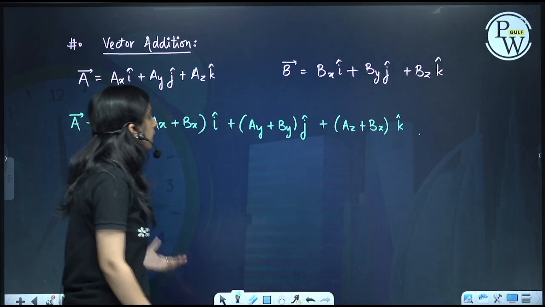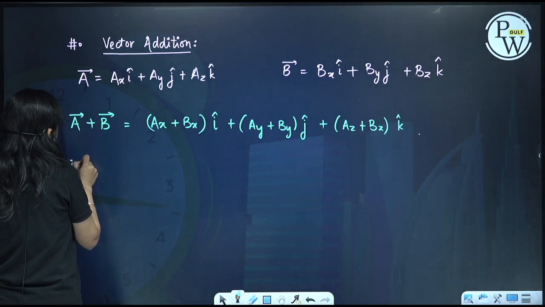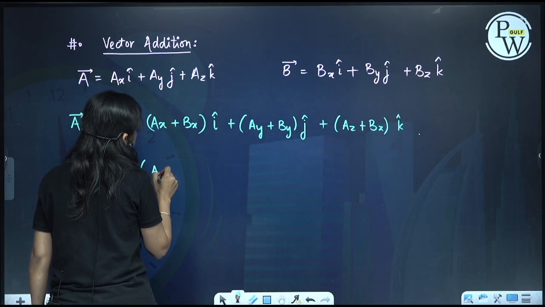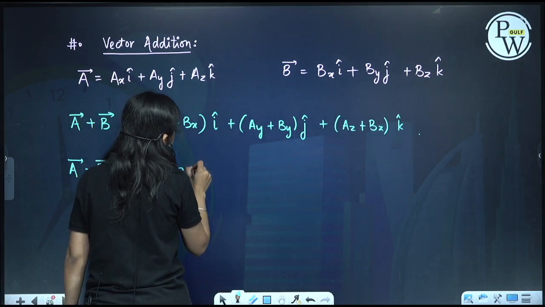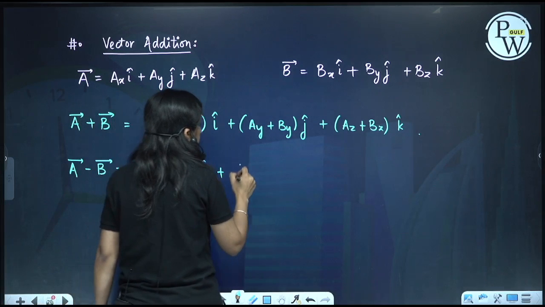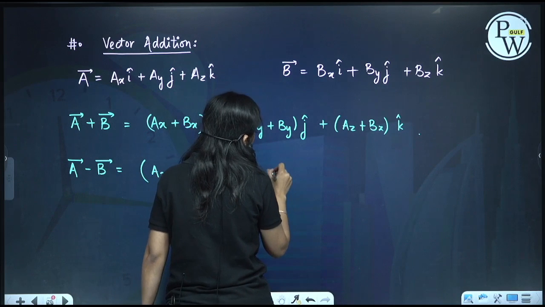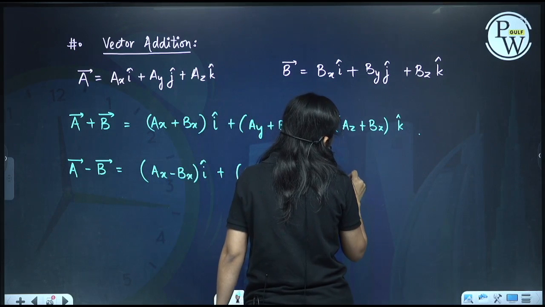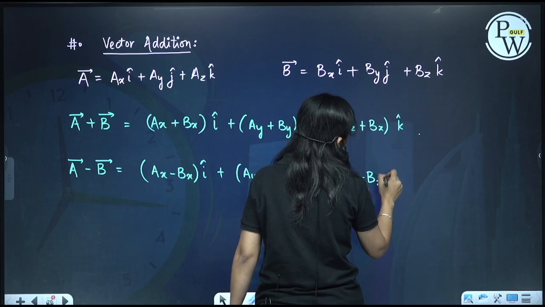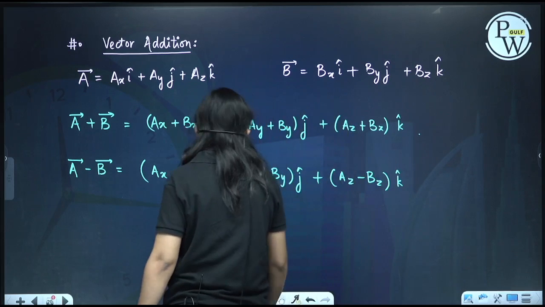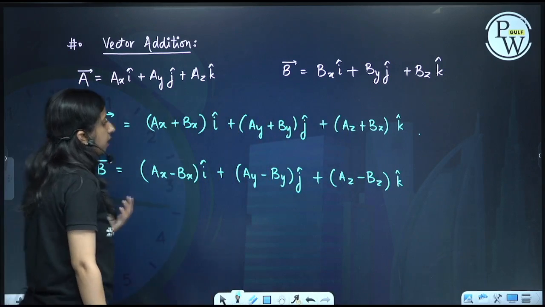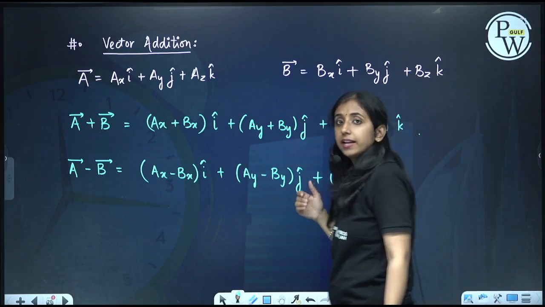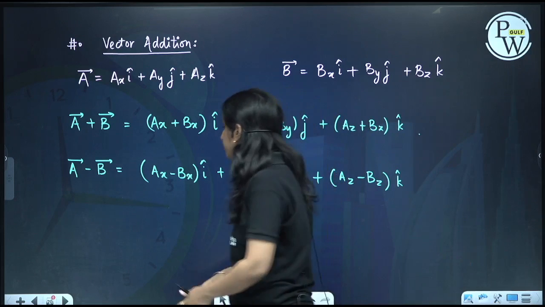So this will be my A plus B, and if I want to find A minus B, then it will be ax minus bx i cap plus ay minus by j cap plus az minus bz k cap. This is my A plus B and this is my A minus B. Respective components will get added up and respective components will get subtracted.